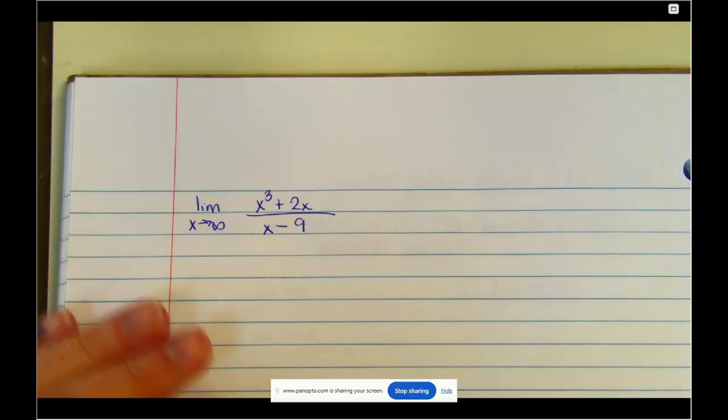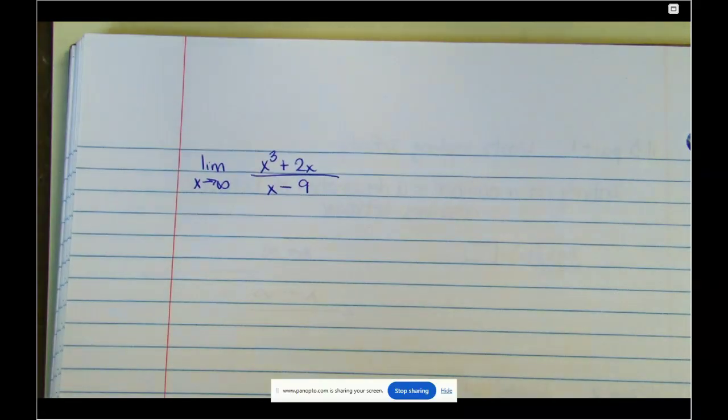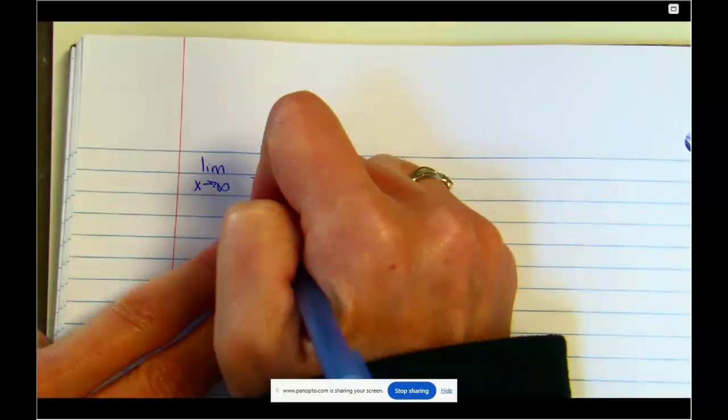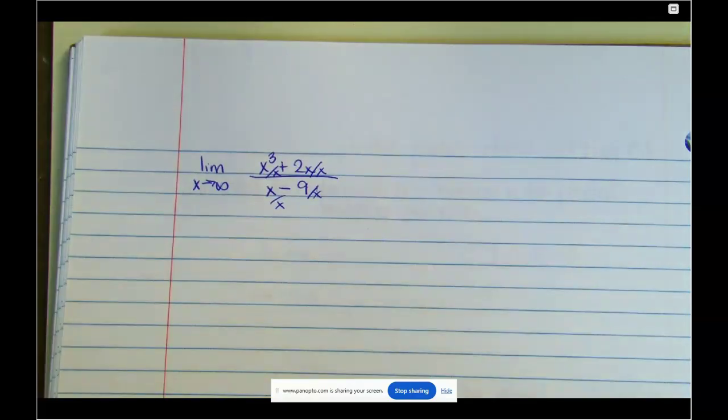Okay, so first question, is it infinity over infinity? Yep. So we're going to come through and divide. What are we dividing by? Divide by x. Yep, just x, because that's the largest power in the denominator. Yes, always in the denominator. So not just the straight largest, but the one in the bottom.